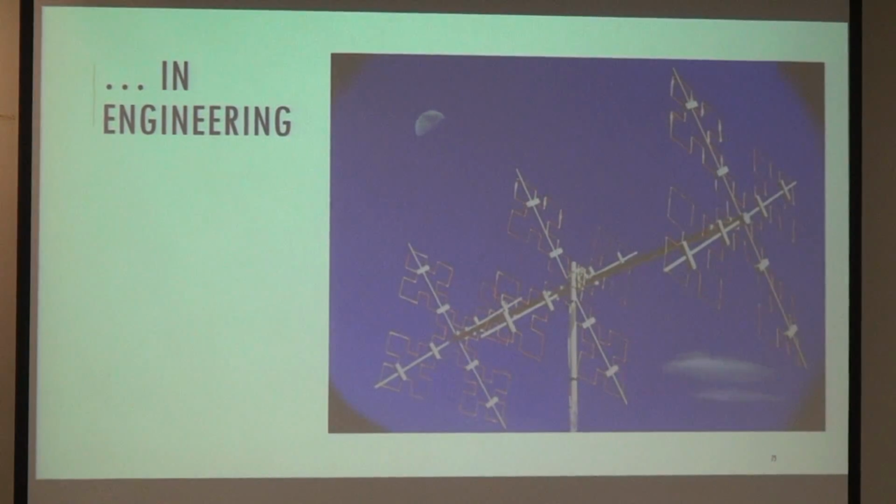How about in engineering? I'll give you an example. They call it the fractal antenna. It uses the Minkowski fractal. They suggest that self-similarity was one of the requirements to make antenna frequency and bandwidth invariant.